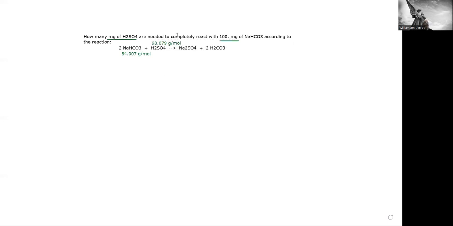If I take 84.007 grams per 1 mole, and I want to convert the grams into milligrams, this is that little trick I'm going to show you. 1 gram is 1,000 milligrams.